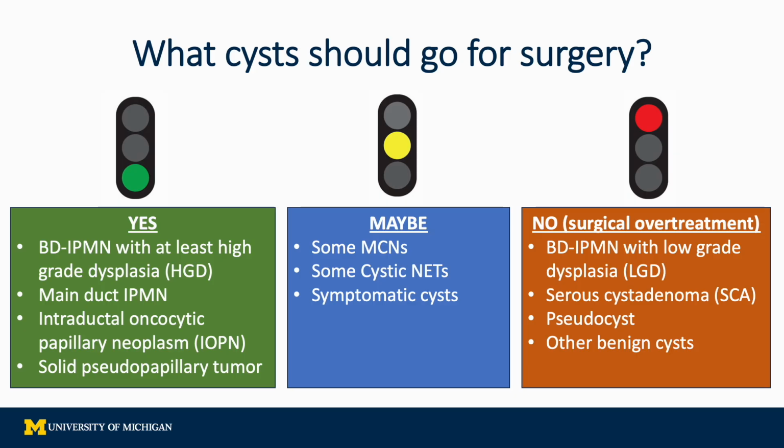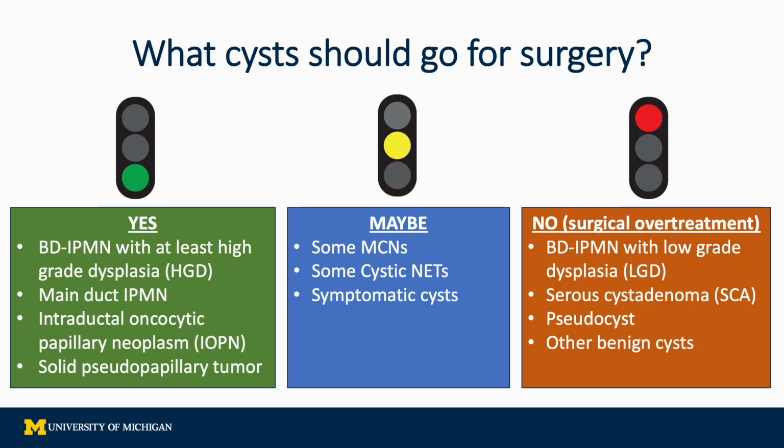And really what we call surgical overtreatment is what we see in clinical practice of a cyst that has at least one worrisome feature, and that based on guidelines, we then recommend a surgical resection, and at the surgical histopathology, we end up finding low-grade dysplasia.